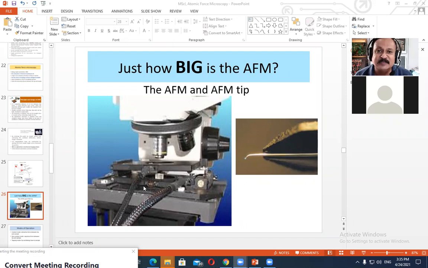And since this particular mechanism is not dependent upon the flow of electrons, we do not really require a conducting sample, and even an insulating sample or a biological specimen can be observed without any problem. In fact, even if that biological specimen is in water or any aqueous medium, we can observe it using the atomic force microscope.